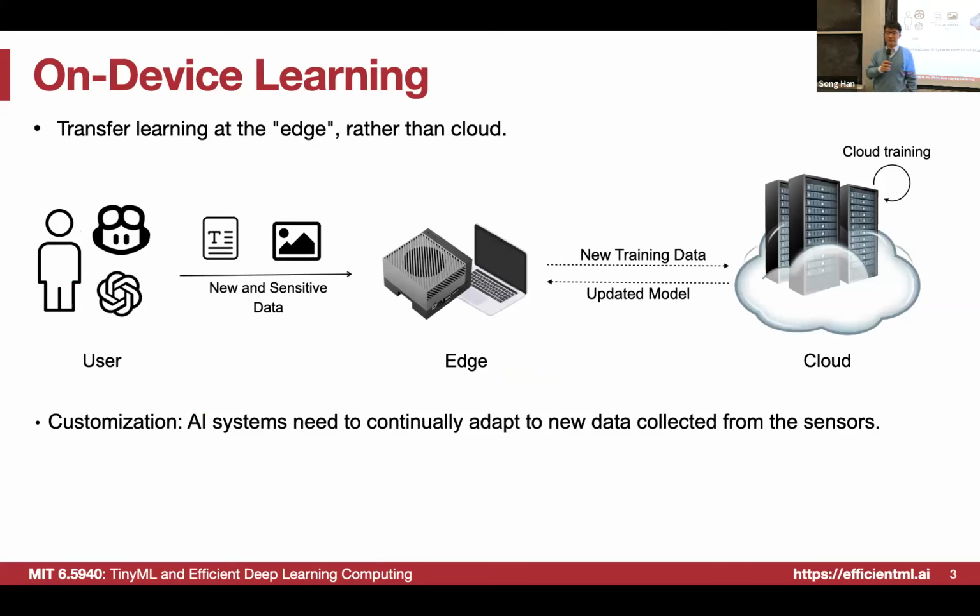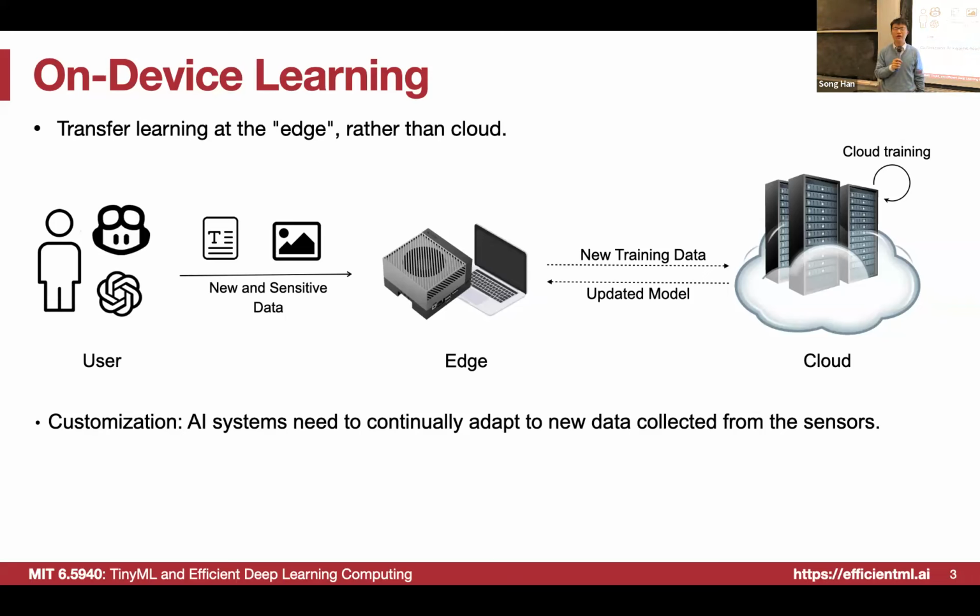What about on-device transfer learning? So we want to have this process happen locally on our edge devices rather than in the cloud. What is the benefit of transfer learning locally on the edge device? For example, we can continuously adapt to the data collected from the sensors. So we can customize the model.